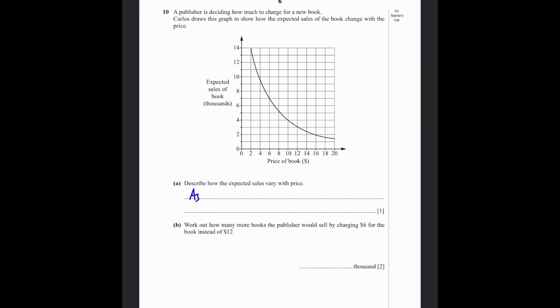So as the price increases, expected sales decreases. That's all.